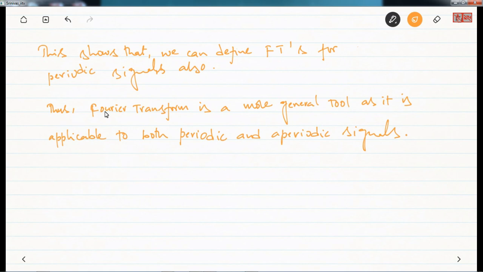Fourier transform of e power j omega naught t is 2 pi delta of omega minus omega naught.